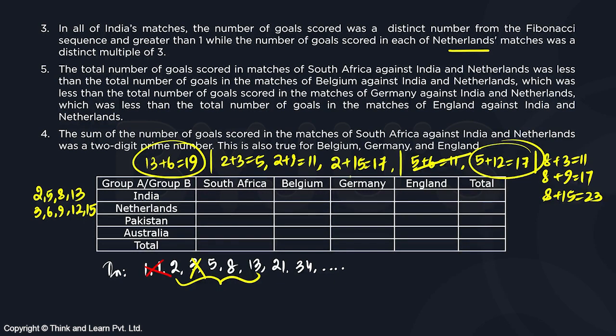So now, in order to get 23, we need 8 and 15. Right? And it was a 2-digit prime number.